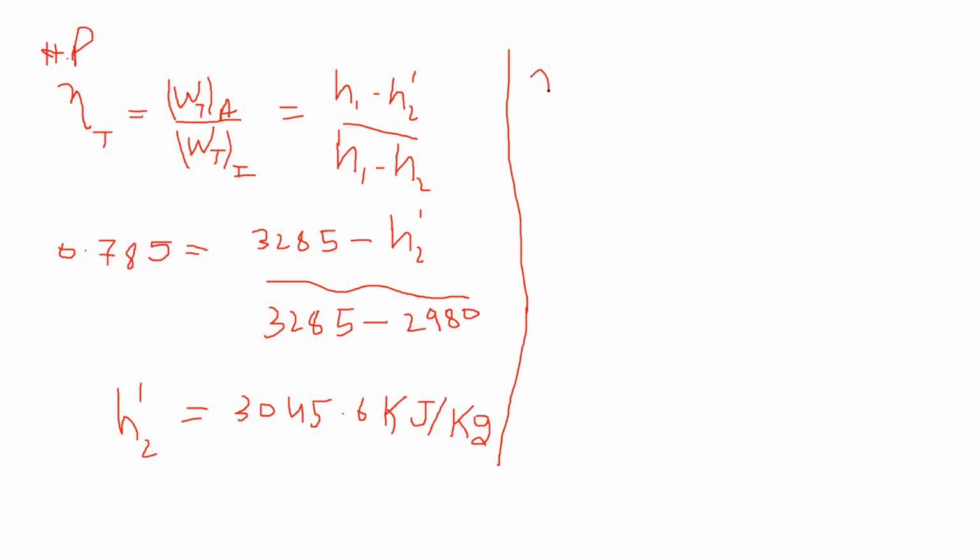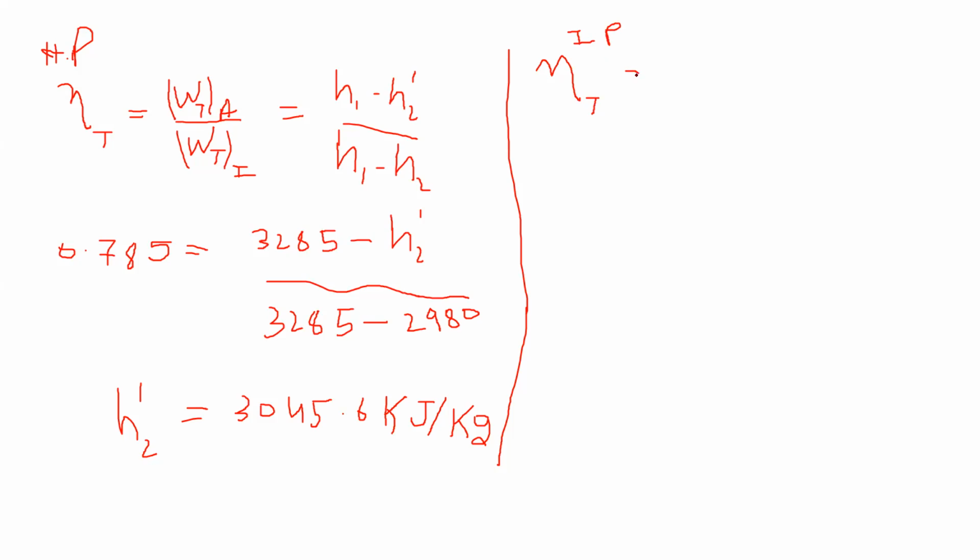The efficiency of a turbine, sorry, which is taken as an intermediate pressure turbine. For the isentropic efficiency of the intermediate pressure turbine, I'm just considering the intermediate pressure turbine.